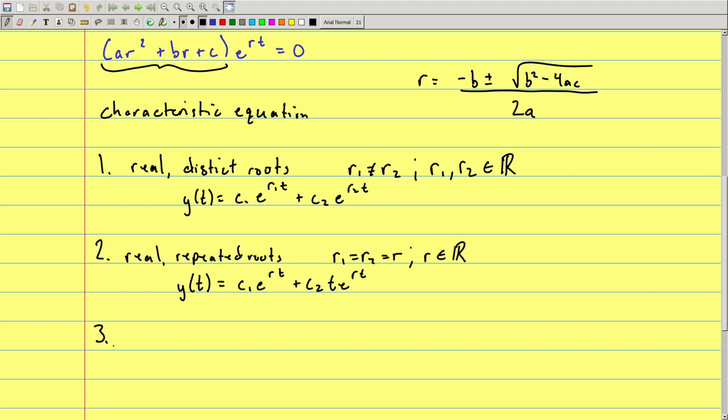The third case is if we have complex conjugate roots. That is, r is equal to lambda plus mu times i, where lambda and mu are both real numbers, representing the real and imaginary part of the complex number, respectively.